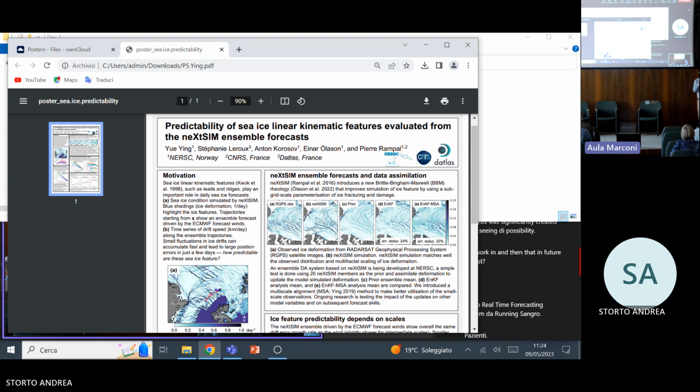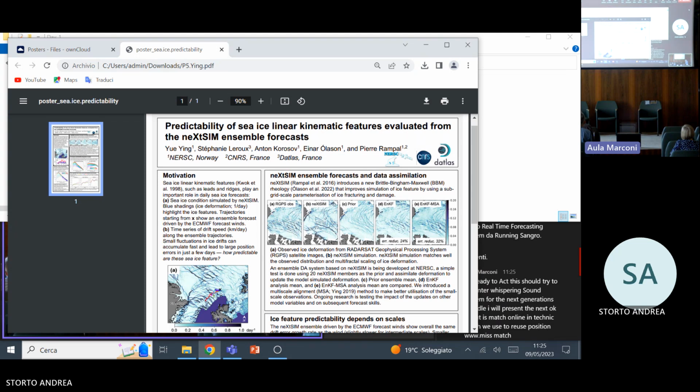So this is the poster about sea ice data assimilation, which is slightly related to the Arctic. At the Nansen Center, we're developing this ensemble data assimilation system for the next generation sea ice model. I will present in the next talk about this multi-scale alignment technique, which we use to reduce positional mismatch in the ice features.